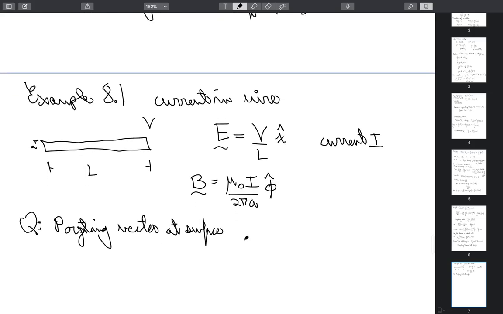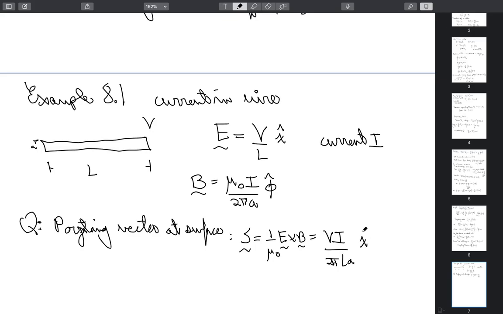So therefore, my S is 1 over mu_0 E cross B. So what is that? Well, that's going to be 1 over mu_0 times mu_0 I, so that goes, V times I, over 2 pi L times a.